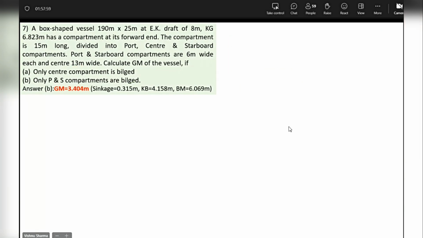Now we come to part B of the same question. Values are here. I'll make the diagram. This has to be a separate diagram, guys, for part B. Length 190, breadth 25, even keel draft of 8 meters.